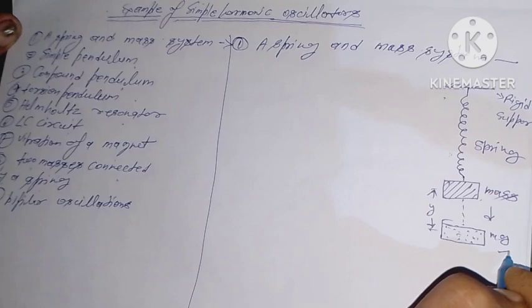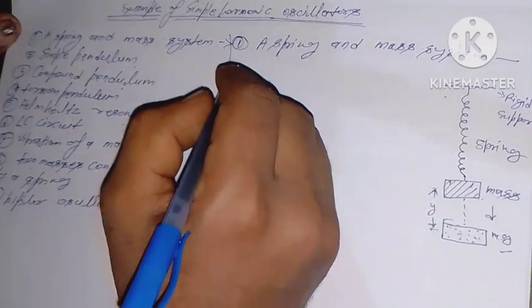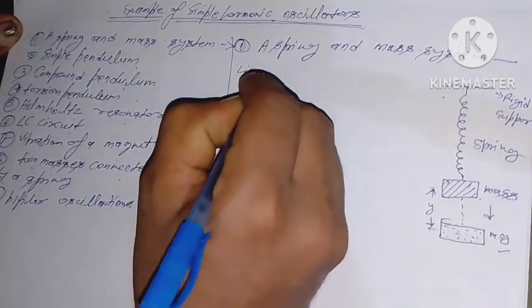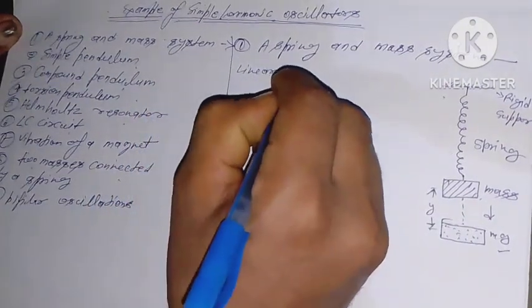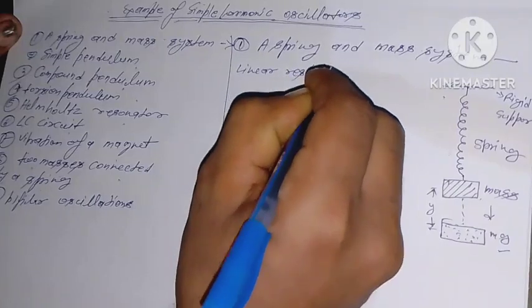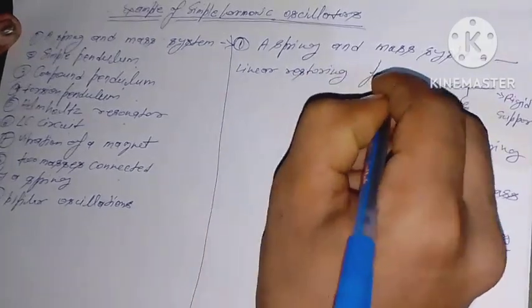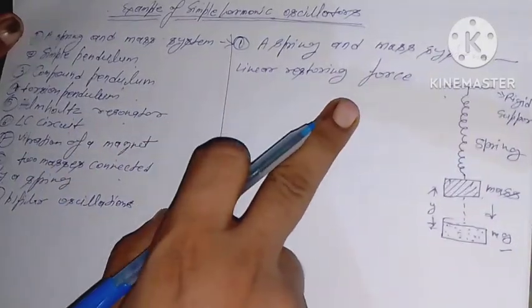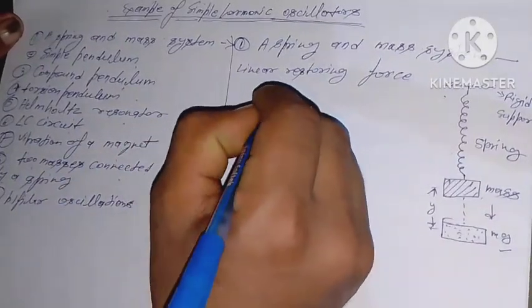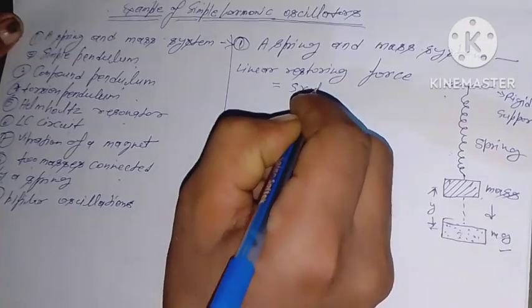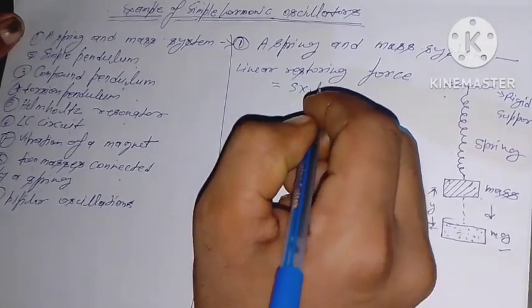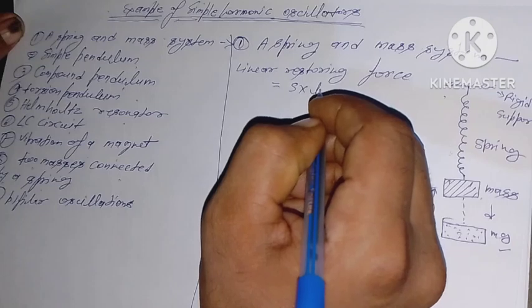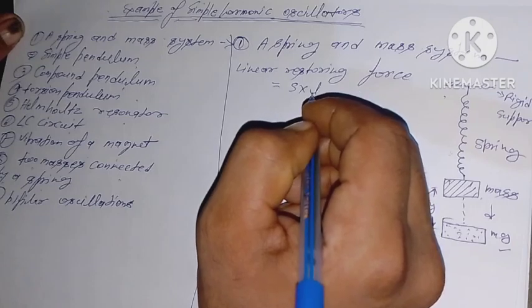Then a linear restoring force equal to S multiplied by L at once comes into play in the opposite direction.